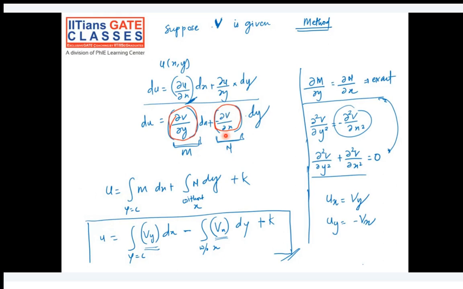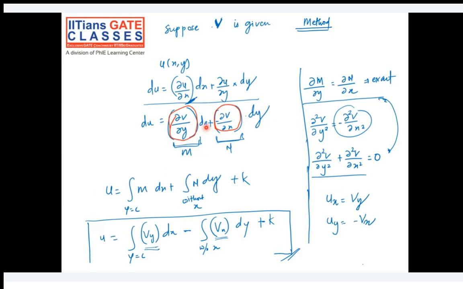So now I am writing the total derivative du as dou v by dou y into dx plus minus dou v by dou x into dy. And this equation is similar to the M dx plus N dy kind of equation.